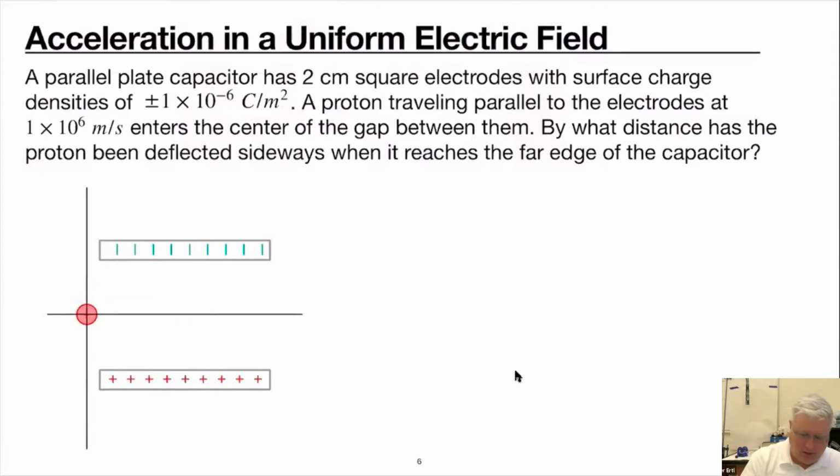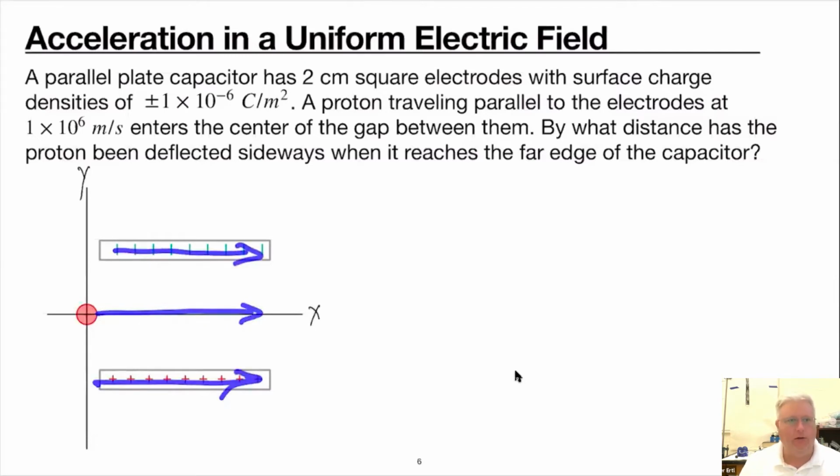So that's X, that's Y. The proton is traveling parallel to the electrodes, so it's going in this way, and then it enters the center of the gap between them.